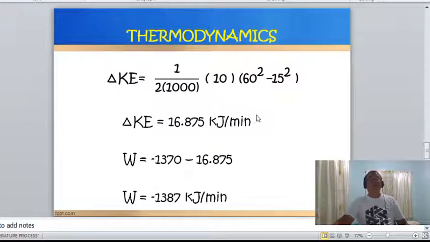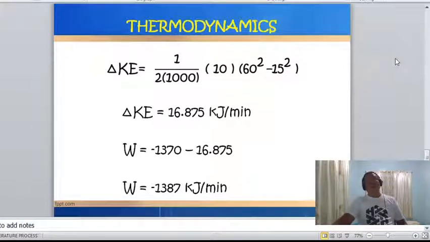Getting now the work steady flow: work steady flow is equal to the work non-flow minus the change in kinetic energy. Therefore, the work steady flow is equal to negative 1387 kilojoules per minute.